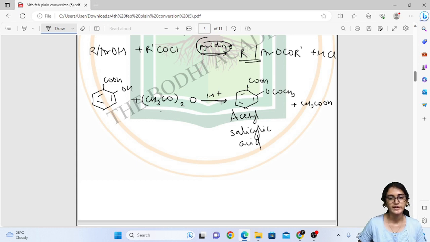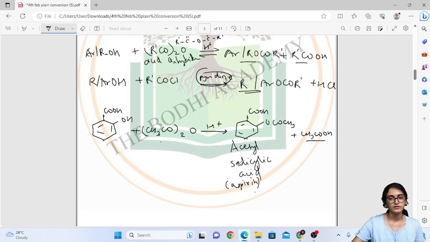We get acetyl salicylic acid with a carboxylic acid. So here we are producing aspirin, which is a very important compound and has applications in the pharmaceutical field. This is also an ester which we have produced here.